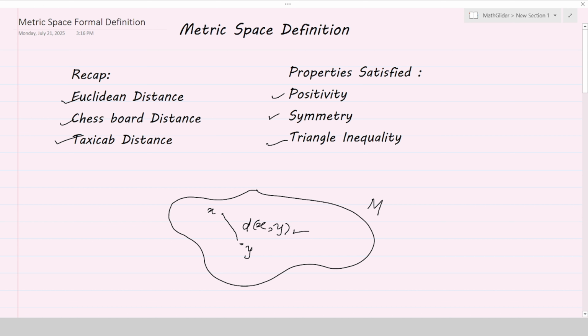Now in these examples we saw that they mainly satisfy the properties of positivity, symmetry, and triangle inequality. So we should take these three properties as a definition for metric space, because they are very standard properties when it comes to defining different kinds of distances.